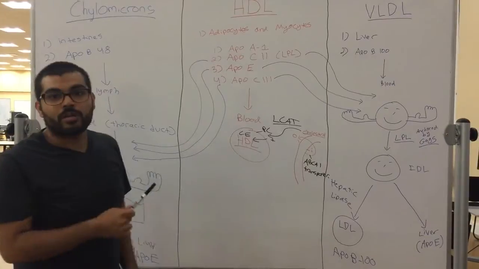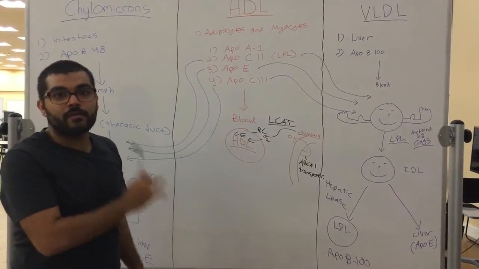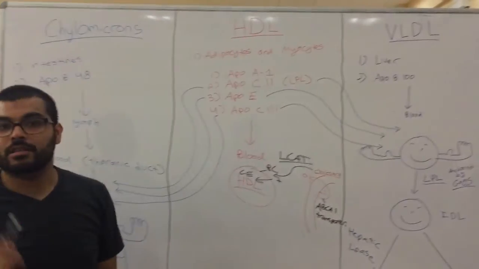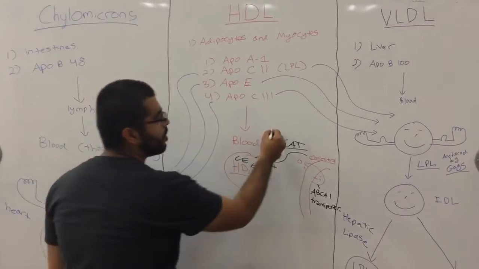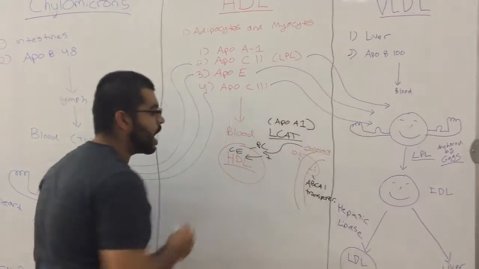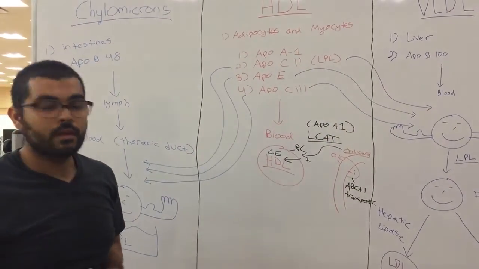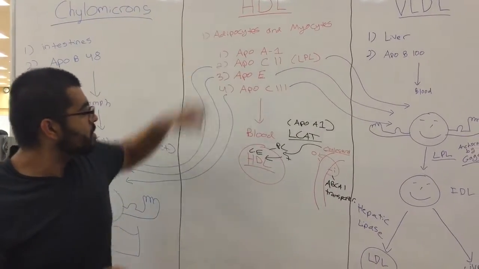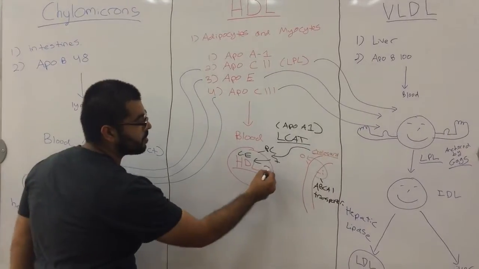What about ApoA1? ApoA1 has a very important function. ApoA1 is going to activate your LCAT. That's the main thing. Activated by ApoA1. Once this entire process happens, this converts HDL into HDL3.